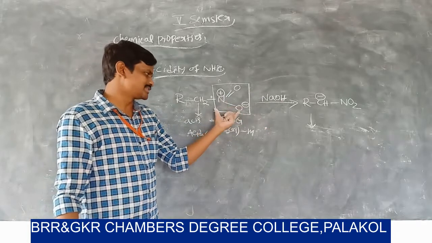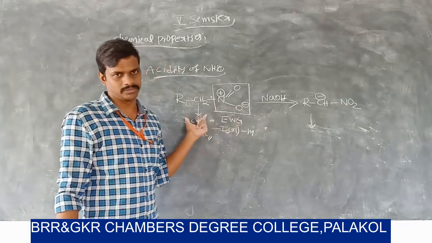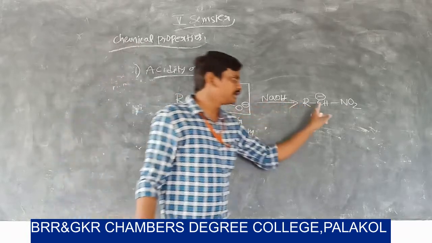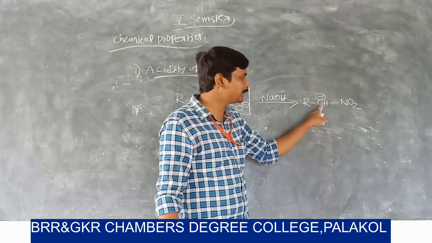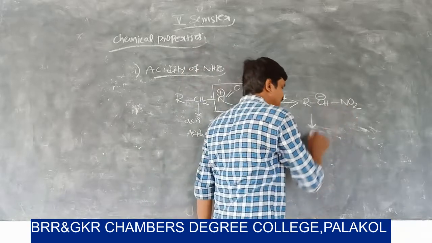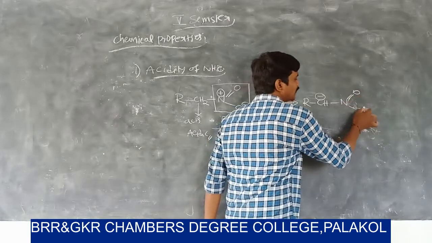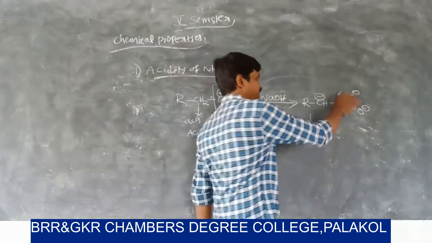One is due to the strong electron withdrawing nature of NO2, it loses a proton, and after the removal of the proton, the carbon gets a negative charge. This is called a carbanion. Here the carbanion is adjacent to an electron withdrawing group. So due to the electron withdrawing nature of this NO2 group, the formed carbanion is stabilized by resonance.